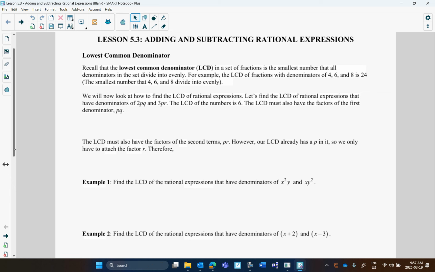Simplify the top to get 5x plus 7 over those 3 binomials. Nothing to cancel, nothing identical to cancel. Okay.